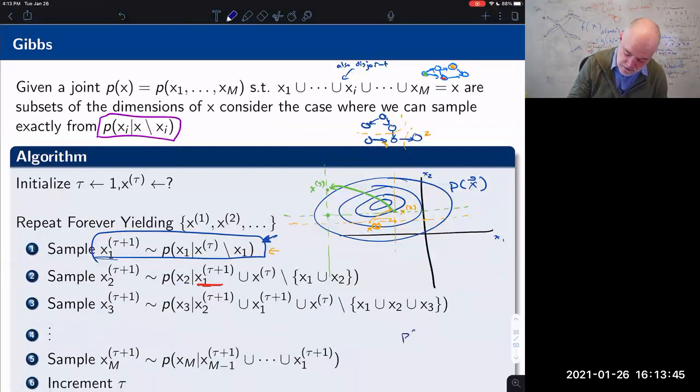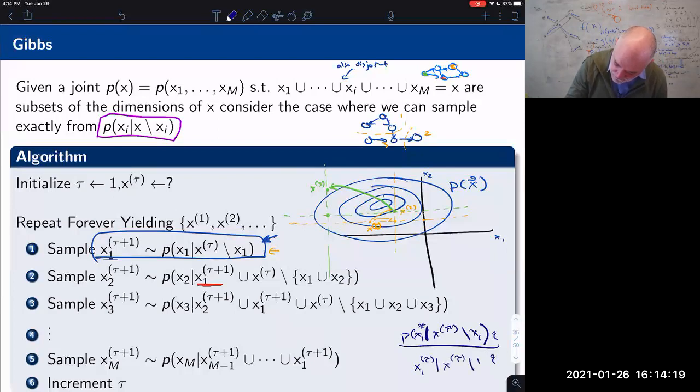So here p(x star) is going to be p(x1 given x tau minus x1). And we're going to have our q distributions, right? And this is going to be some new proposal x star, and this is going to be x1 tau given x tau without x1. Bad notation, but it's good enough.